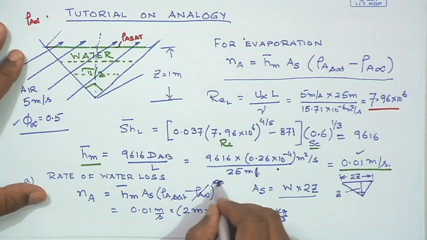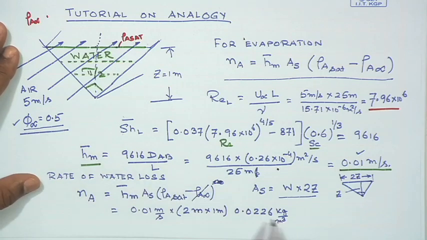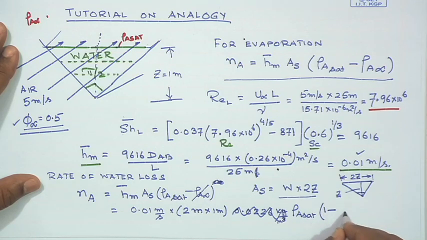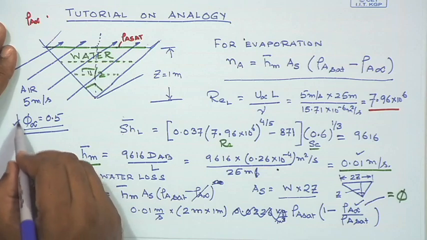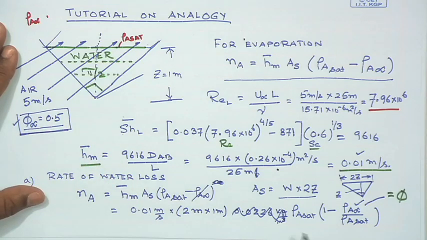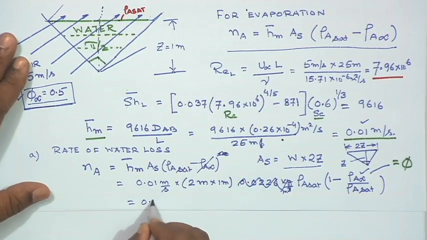Sorry, this ρ_A,∞ is not 0; the relative humidity φ is 0.5. So, I will take ρ_A,sat outside, and this is going to be 1 minus ρ_A,∞ by ρ_A,sat. This is nothing but 1 minus φ, the relative humidity, which has been provided to be 0.5.